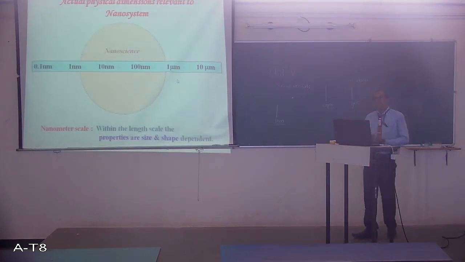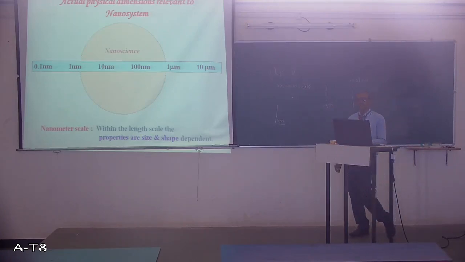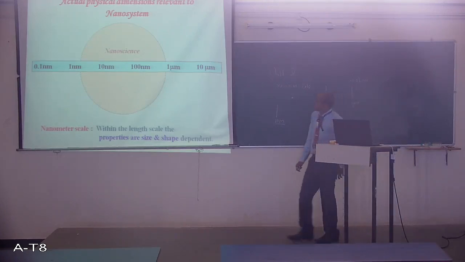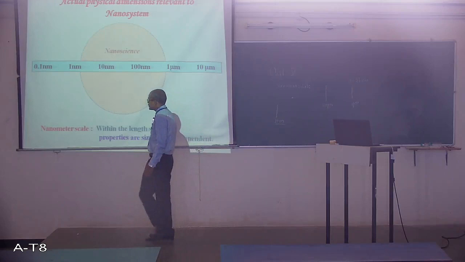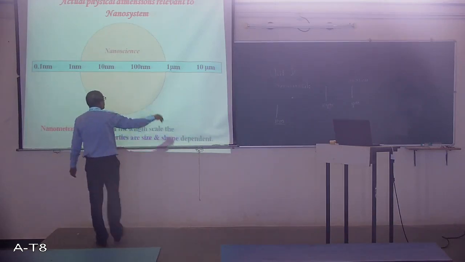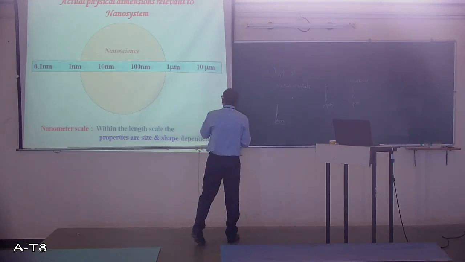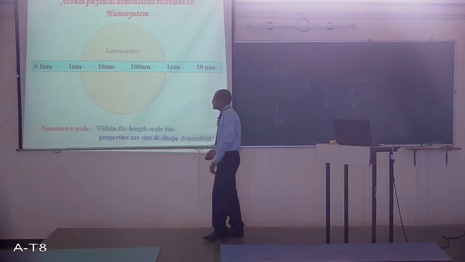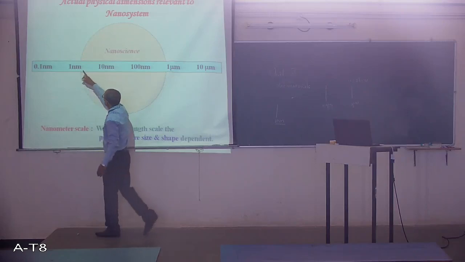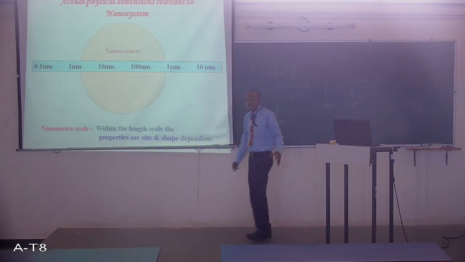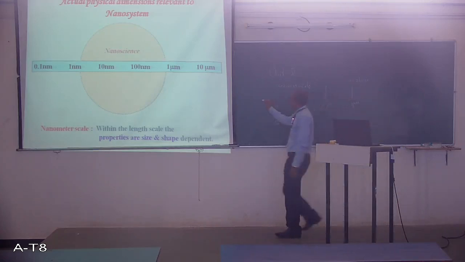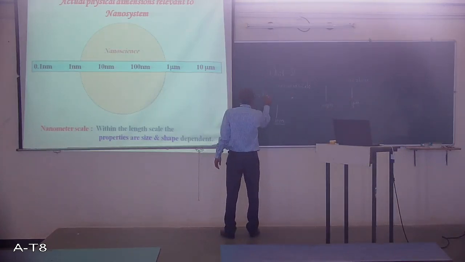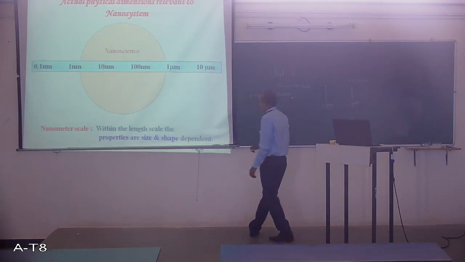Now the actual physical dimensions relevant to the nano system. How are we going to relate these physical dimensions to the nano system? As you know, from millimeter to micrometer to femto. Here we deal with the 1 nanometer to 100 nanometer scale, which is the actual scale of nanoscience.